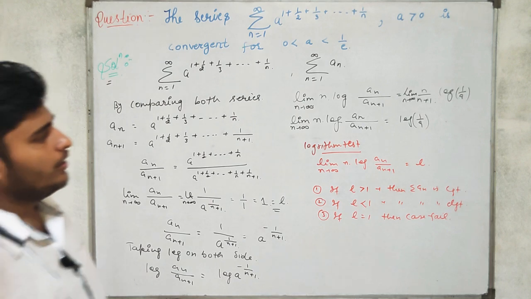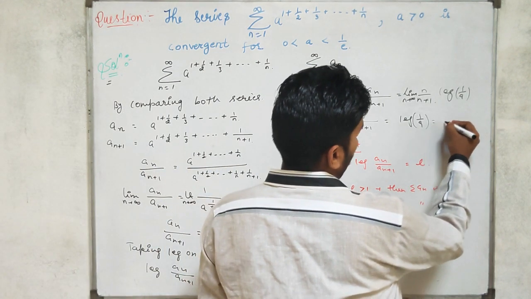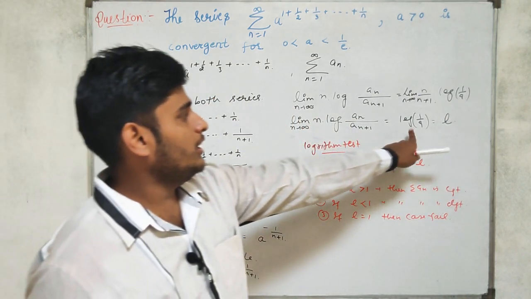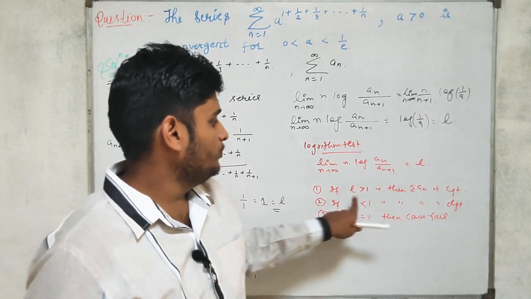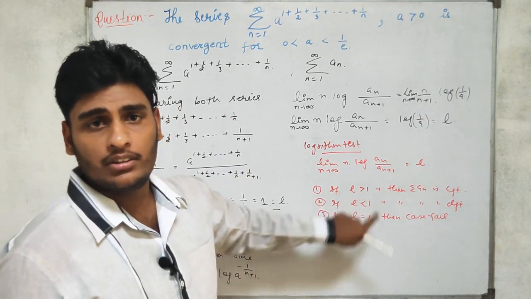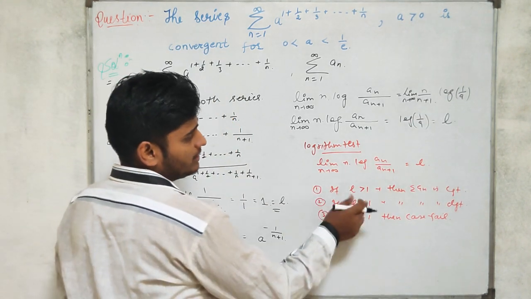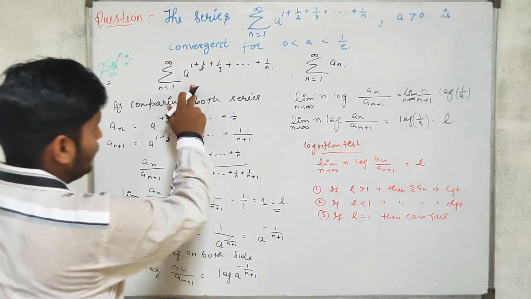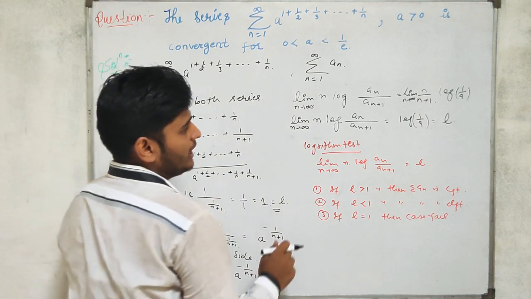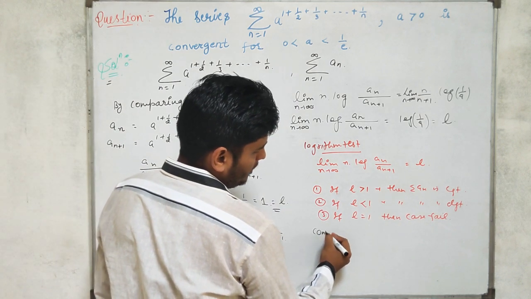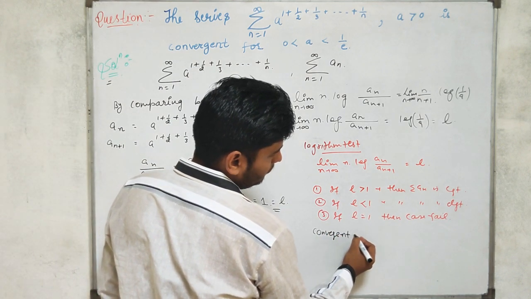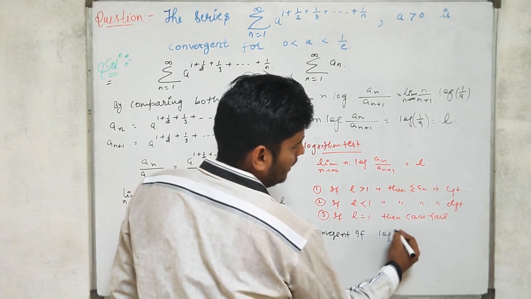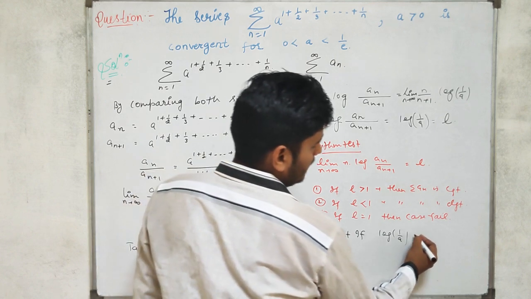So from here we conclude that this is the value of small l. This series is convergent if L is greater than 1. By applying this test on this positive term series, we conclude that this series is convergent if log of 1 by a is greater than 1.